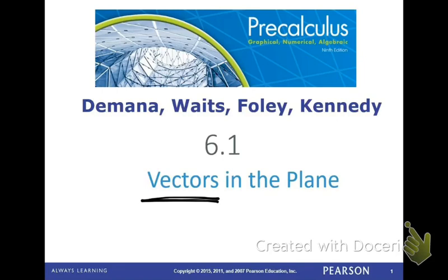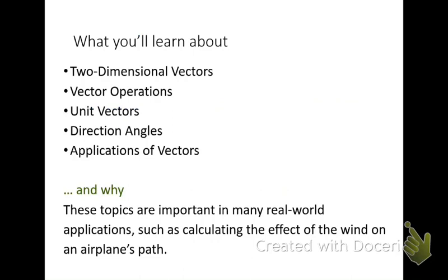And so forth. With that, we'll be looking at two-dimensional vectors specifically, and then vector operations and unit vectors today. We will do our directional angles and some applications tomorrow out of 6.1.